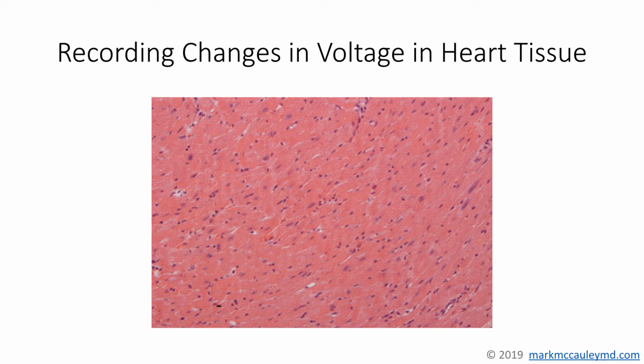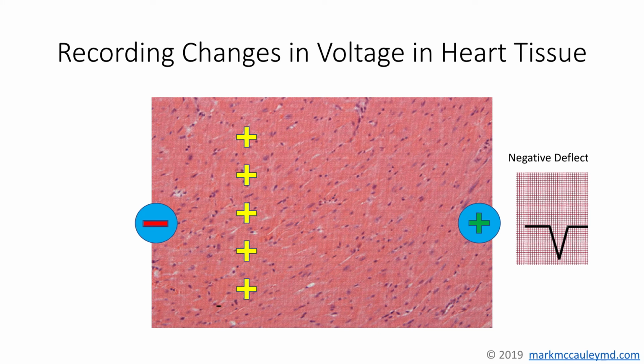And the opposite is true too. If we have a wave of depolarization in the opposite direction, and then we have our same electrode configuration, now the positive charge is going away from the positive electrode, and now there's a negative deflection on the ECG.